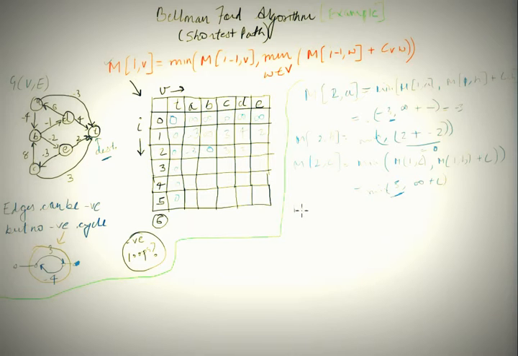I can calculate it using the above equation also. M(2, E) is equal to the minimum of M(1, E), or, since E has a direct edge to C, M(1, C) plus the cost of E to C. M(1, E) was 2, and M(1, C) was 3, plus the cost is -3.